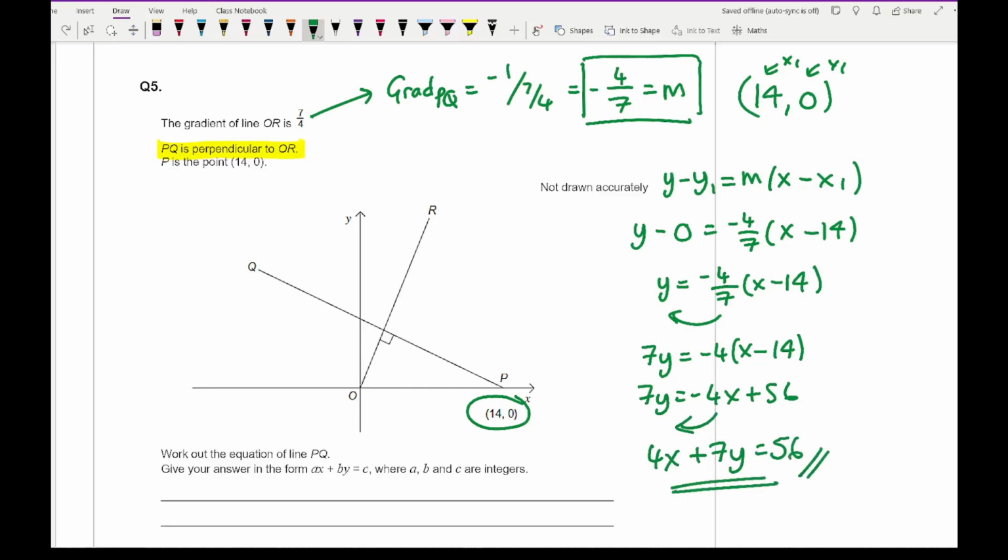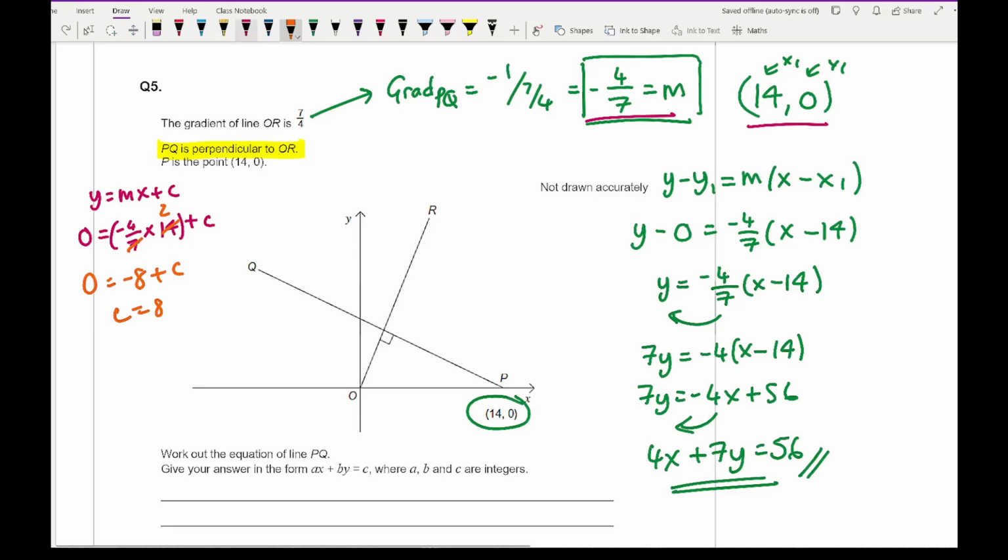Now if I wanted to, I could use y equals mx plus c. So here, using m as minus 4 over 7 and x and y as being 14 and 0, I get 0 equals minus 4 over 7 multiplied by 14 plus c, in which that cancels with that to make 2, so I get 0 equals minus 8 plus c, so c equals 8.